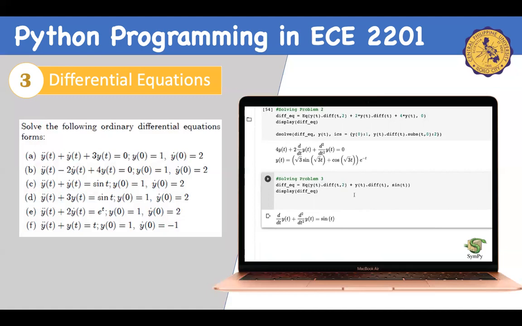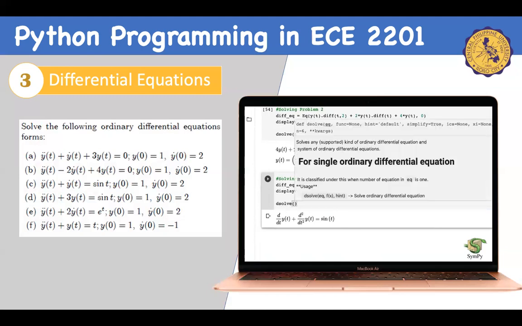Now we need to solve this differential equation, including the initial values.